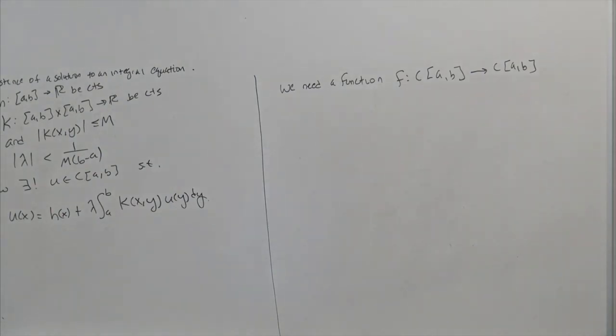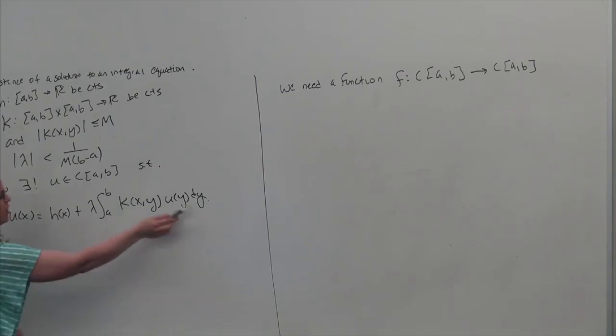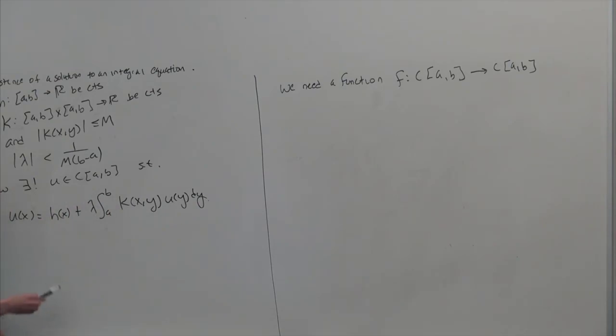All right, now let's try to define this function in such a way. Remember, this function takes in a function and it spits out a new function. And we want it to be such that fixed points satisfy this equation. So what I want is u equals f of u. So I'm going to somehow have my f of u be everything on the right-hand side. Now, again, this is not just at a particular value of x.